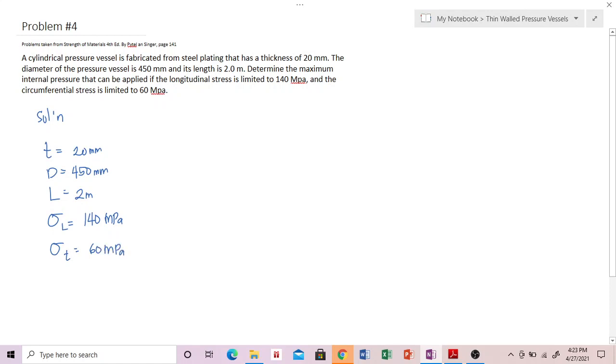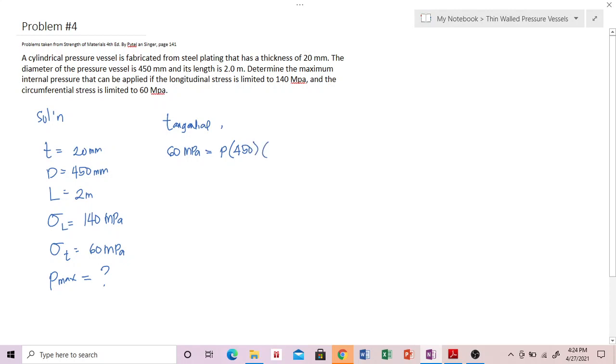So what is being asked? What is being asked is the maximum internal pressure. So, ano nga yung internal pressure? The internal pressure ay yung kinoconsider natin na load. No? Okay. So, let us consider first tangential. Considering tangential, consider natin sa tangential stress, 60 megapascal is equivalent to P. The diameter is 450.